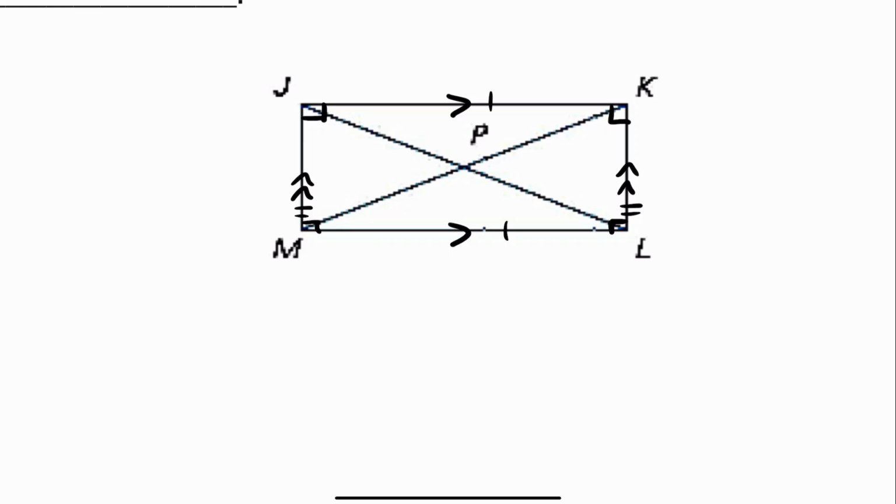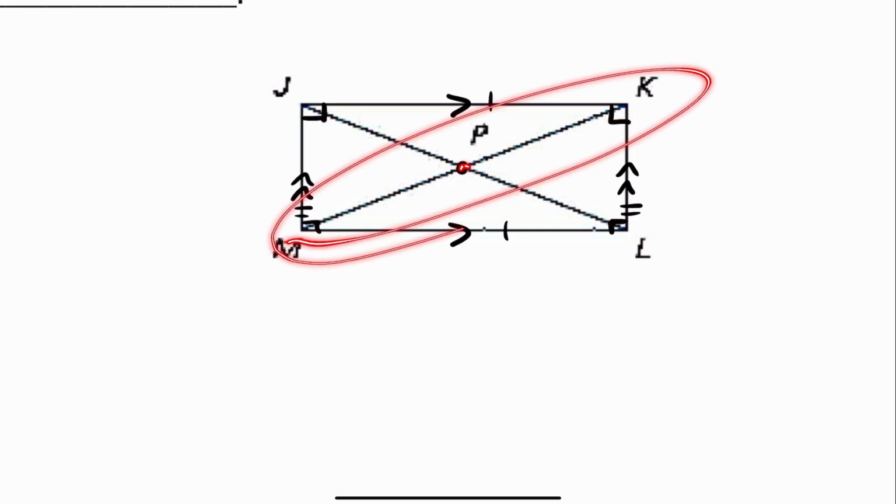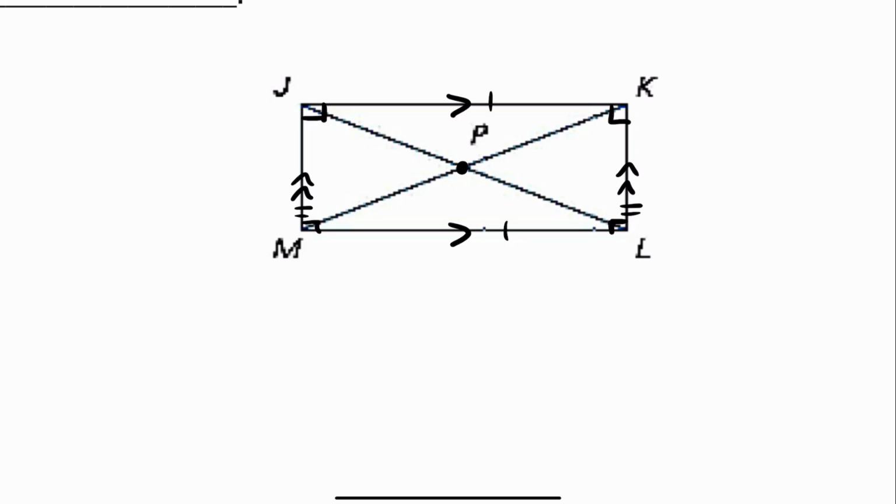Now let's take a look at the diagonals. The diagonals of a parallelogram bisect each other at a midpoint. But since this is a rectangle, the length of this diagonal is equal to the length of that diagonal. So it's going to split MK into two congruent parts. So I put 1, 2, 3 tick marks, 1, 2, 3 tick marks here and there respectively.